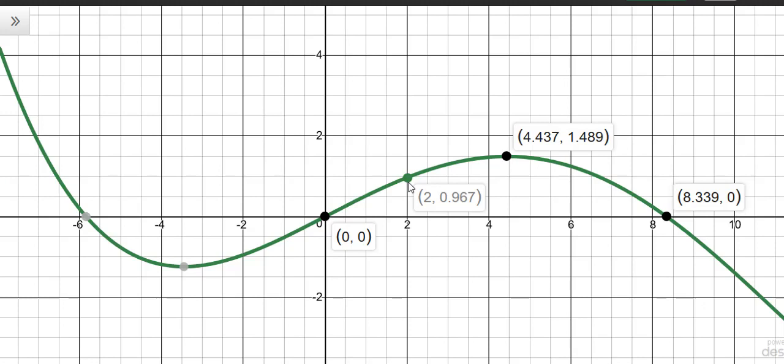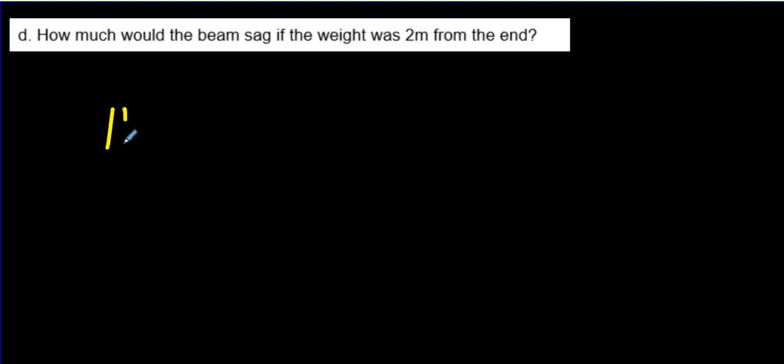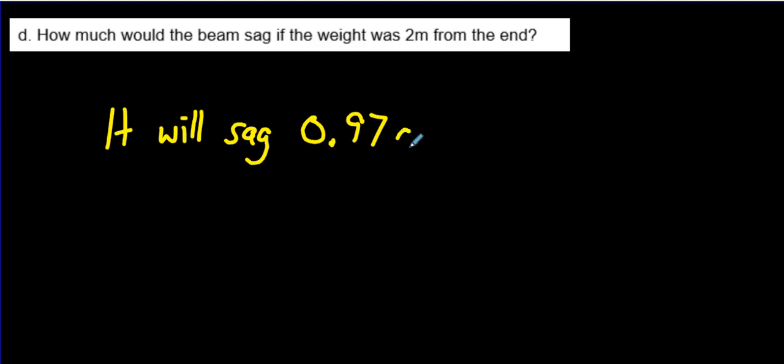I'm going to have to round that off to 0.97 centimeters because it's not quite 1 centimeter. It's very, very close to 1 centimeter. 0.97. It will sag, I forget what it said there, I think it was 0.97 centimeters, 2 meters from the end.